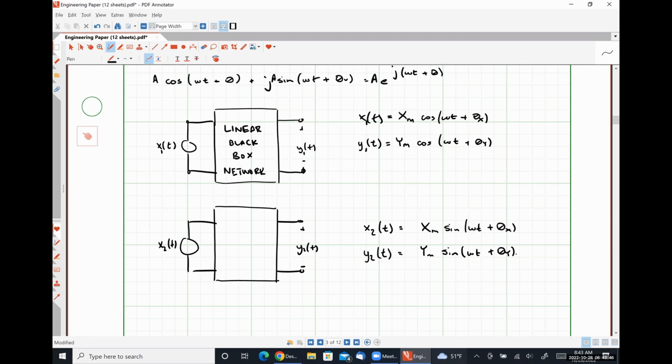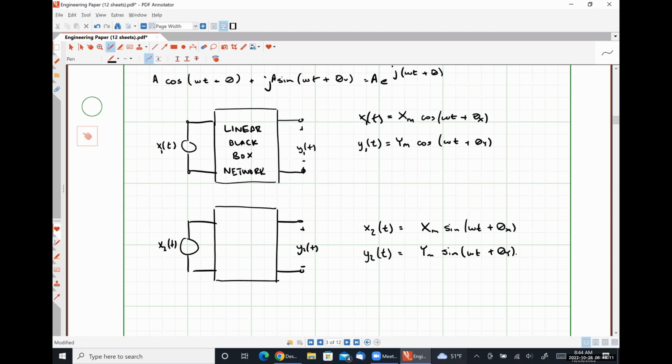Now I'm going to apply one of the properties of linearity, the homogeneity or scaling property. We learned this in like lecture 5 or 6 or something like that, so it's been well over a month. It says that if I scale my input by a certain amount, my output should scale by the same amount. You guys remember that vaguely?